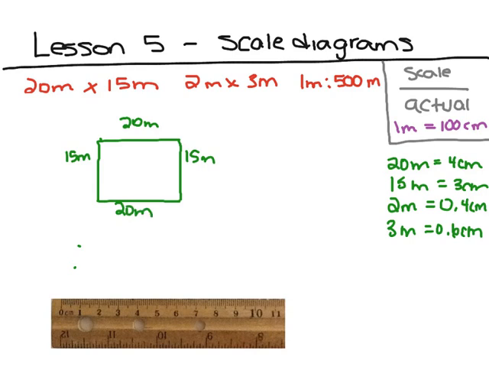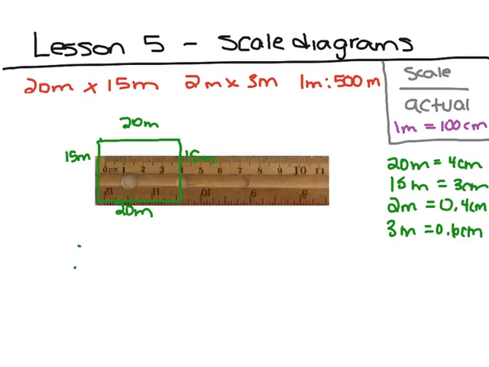Now we want to draw the bed. It doesn't matter where you draw it, just somewhere in the room. And we know that it is 3 meters by 2 meters. So 0.4 and 0.6. It doesn't matter which way you draw it, it's up to you. But remember that 0.4 centimeters is 4 of the little ticks, so it's 4 millimeters.